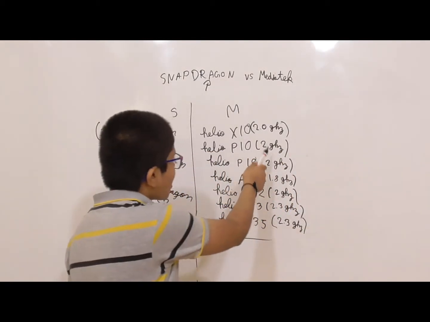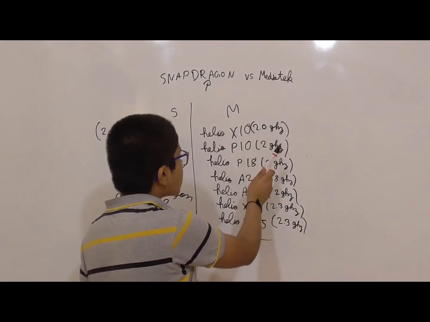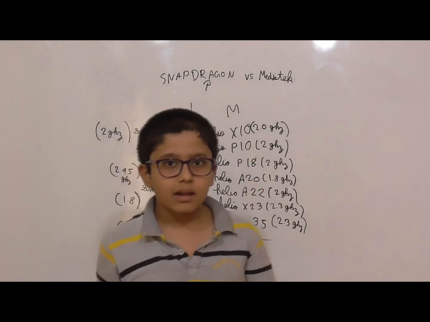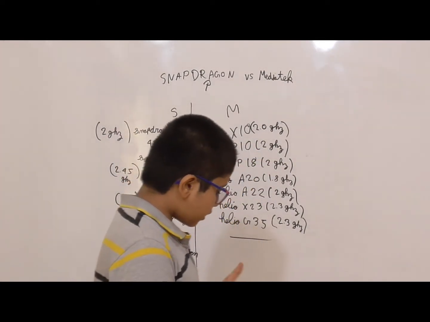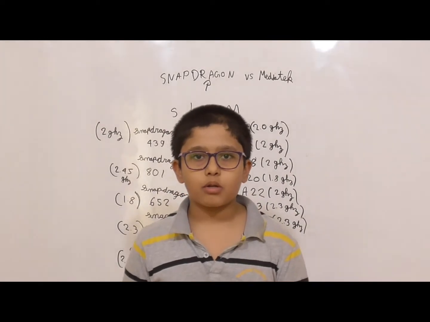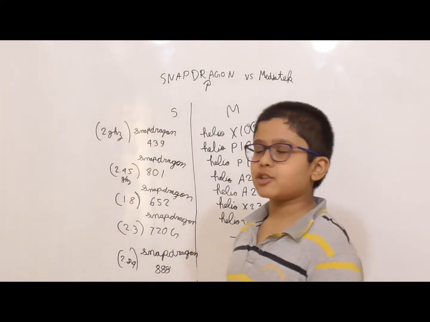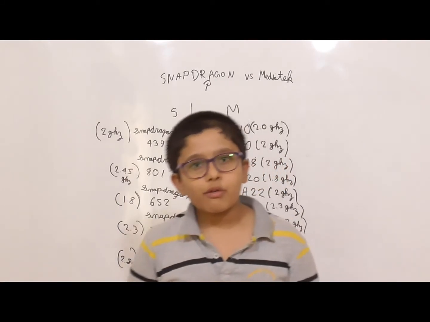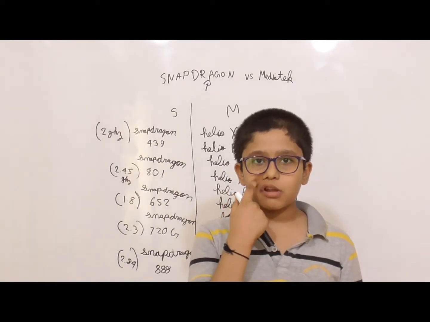In here, there are the same speeds: 2 GHz, 2 GHz, 2 GHz. As you can see, everything is 2 GHz, but in Snapdragon it is very different. So the winner today in this comparison is Snapdragon. If you are a Snapdragon user, congratulations, your CPU is the winner.